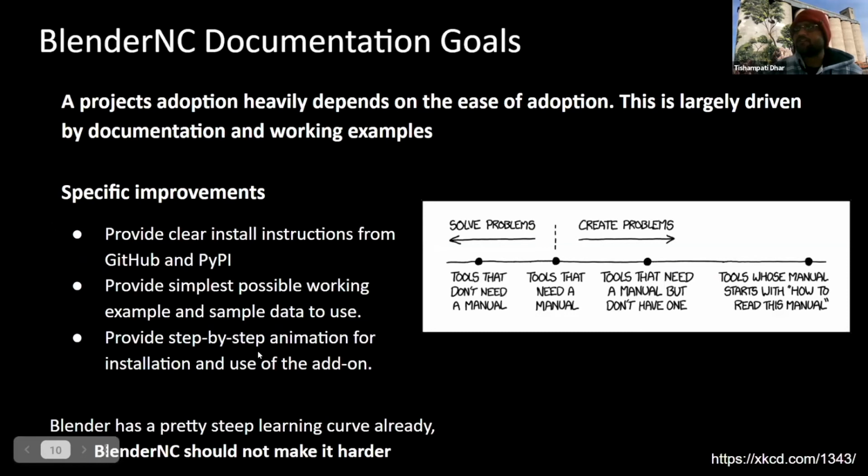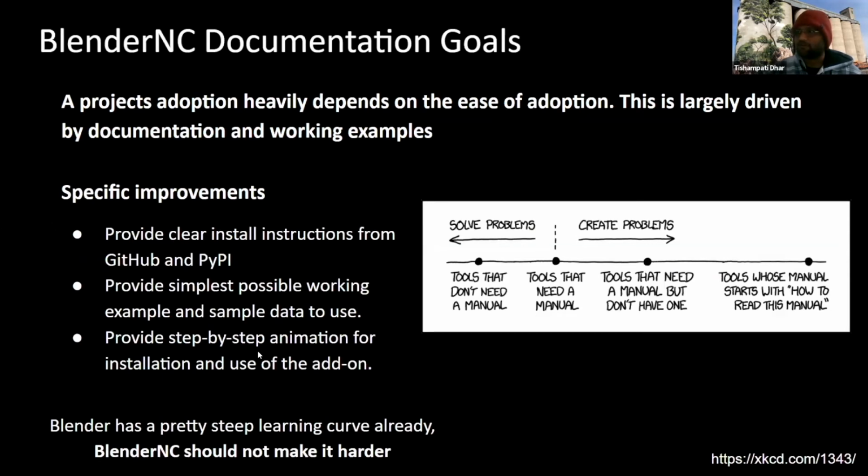So the BlenderNC documentation goals were to make it easier to adopt BlenderNC to visualize your data. You would not default to using standard plotting packages or an off-the-shelf tool.